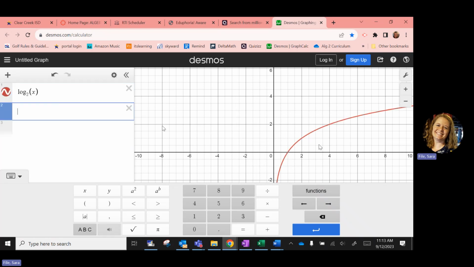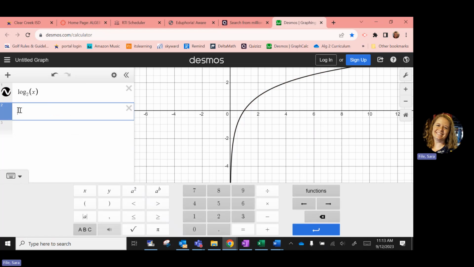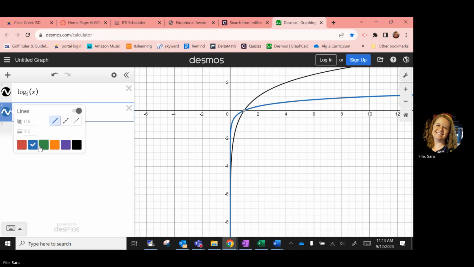And there's that log base 2 of x that we already graphed. I think I graphed it in black on our notes. Now, if we just type in log with no base, you can see how it's different there. It still has the same x-intercept, and it still has the same vertical asymptote, and it's still the same general shape, increasing left to right forever. It's just doing it at a much slower rate. Do you see that?